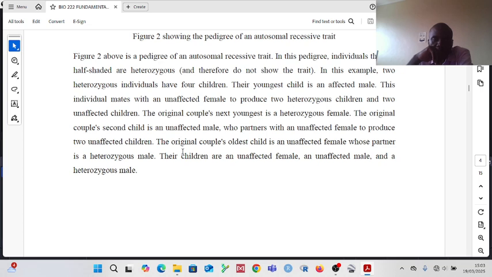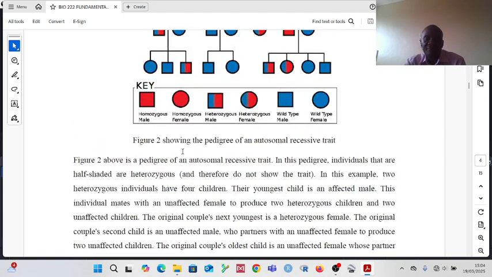So the original couple's oldest child is an unaffected female whose partner is a heterozygous male. Their children are one unaffected female, another unaffected male, and a heterozygous male.